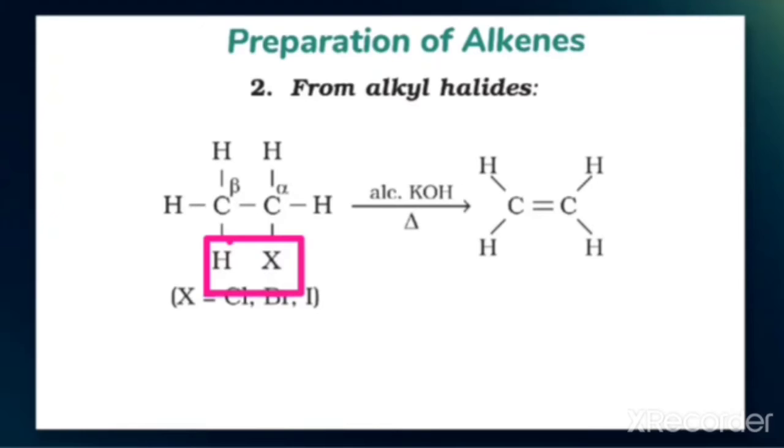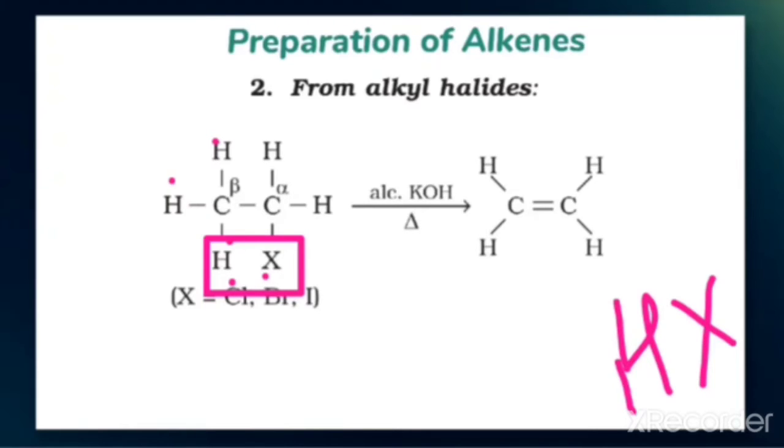Here 3 beta hydrogens are there. What is beta hydrogen? The hydrogen attached to the beta carbon is called beta hydrogen. So there is a removal of one of the beta hydrogens and the halogen. There is an elimination of HX.